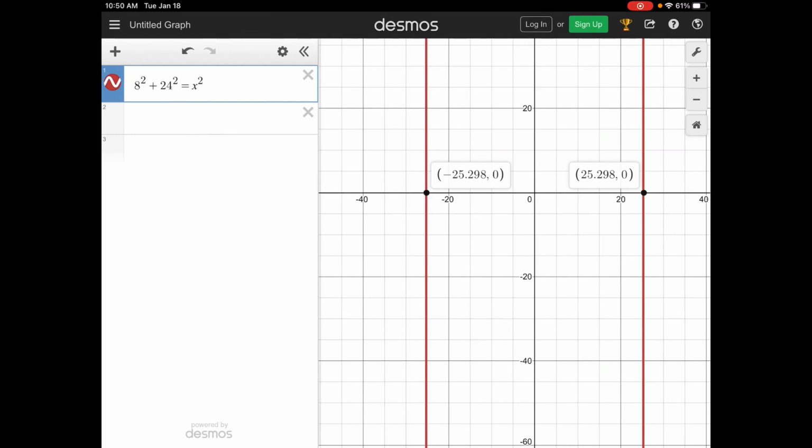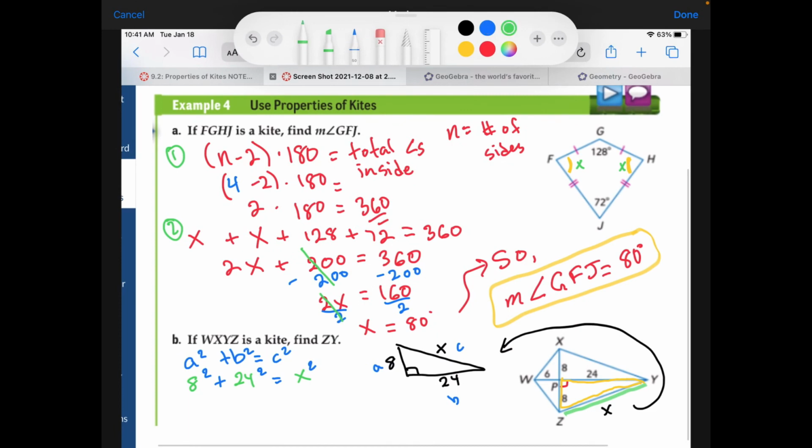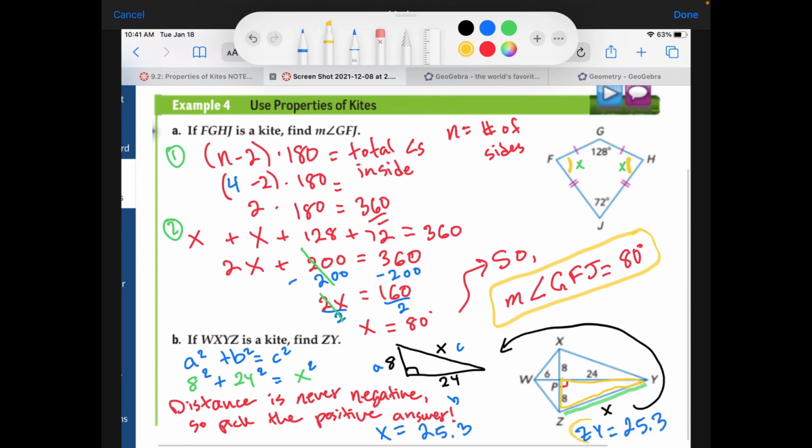So you see here that x is either a negative 25 point whatever or a positive 25 point whatever. So we're going to pick the positive because, once again, distance is never negative. All right, so our final answer is going to be ZY is equal to 25.3.